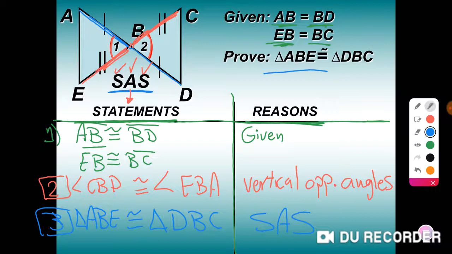Okay, so we could prove that the two triangles are congruent by using the given information and trying to add some extra information.